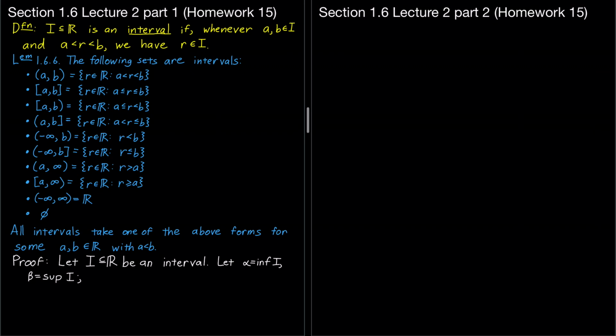If we allow plus or minus infinity, then alpha and beta have to exist.